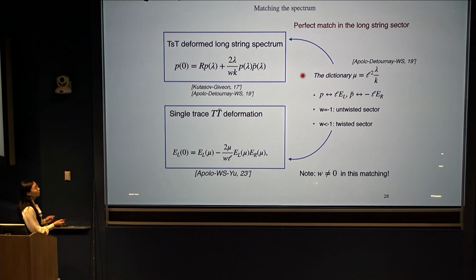The TTbar deformation parameter mu is related to the TsT parameter lambda in such a way, and this momentum are just the energies in the CFT, and they match.